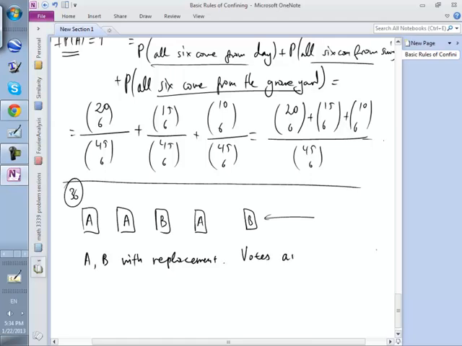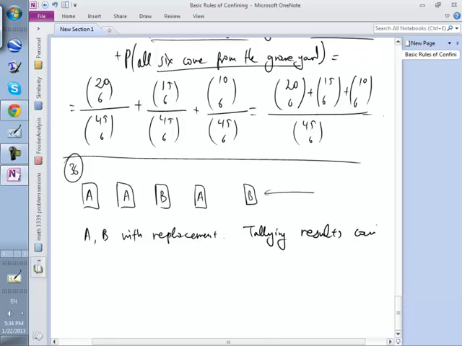So votes, or tally results, because that's what we're interested in, can be thought of as words with A's or B's and length 5.